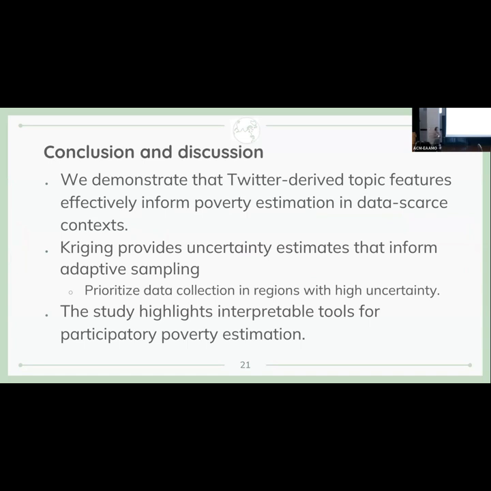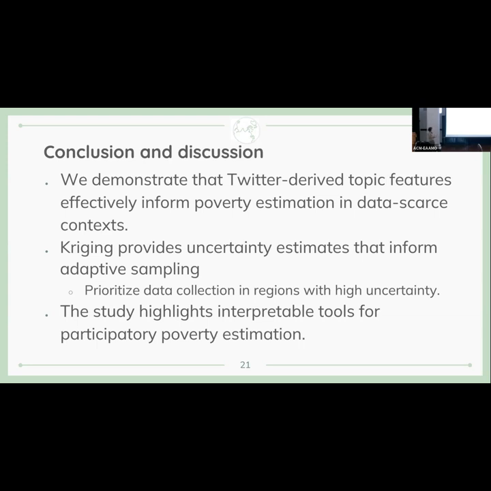Some areas have higher uncertainty in prediction. Data collection is always expensive and costly. So if we can only collect data in certain regions, we can focus on those areas with higher uncertainty, and by collecting those data, we can also improve prediction.